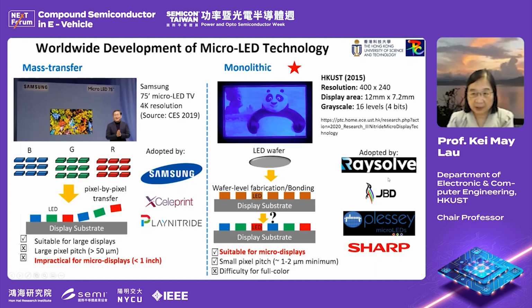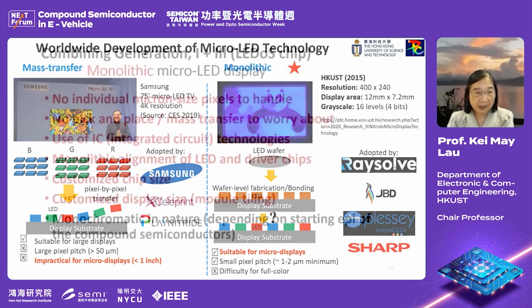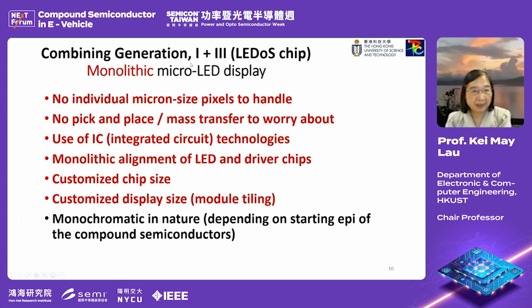This is adopted by a few companies. The bigger ones are Sharp, Plessey, and the startups JBD and Raysoft. This is the monolithic approach, combining, as generation 1, silicon and gallium nitride; we made this LED on a silicon chip.